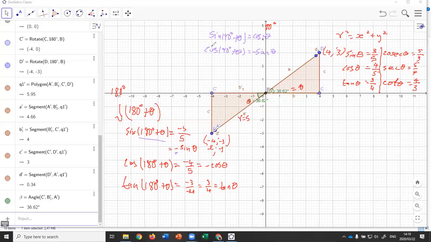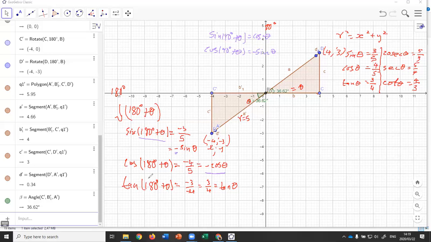But cos is negative between 90 and 180, and moreover, cos is also negative between 180 and 270. As a matter of fact, cos is only positive in the first and the fourth quadrant.